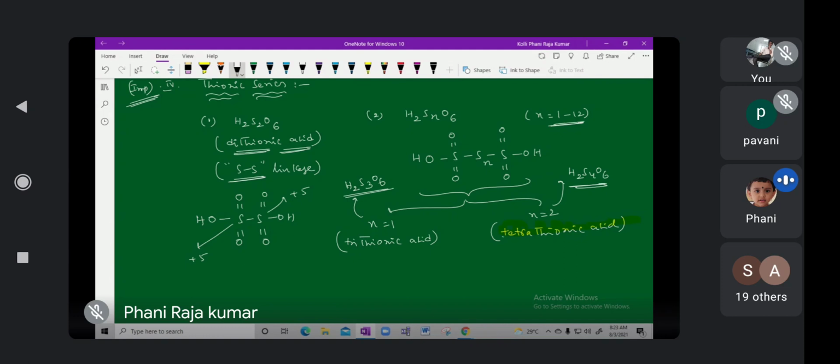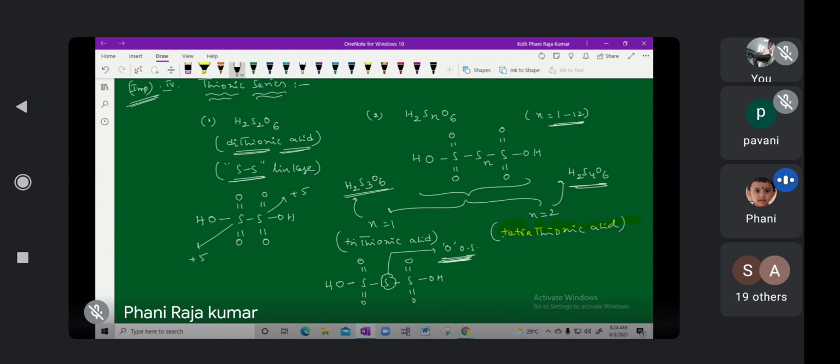And here in trithionic acid, one sulfur in the middle. Left hand, see the middle sulfur, Nana, please highlight middle sulfur. This middle sulfur has 0 oxidation state.